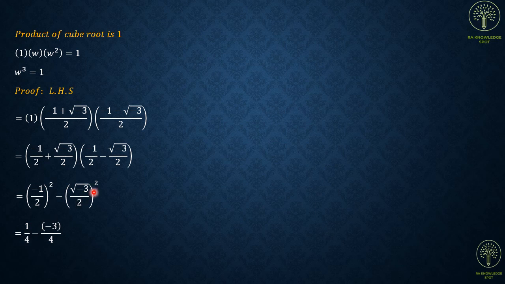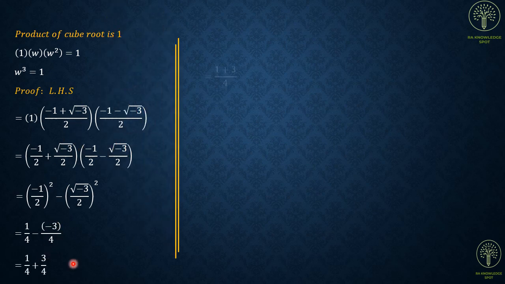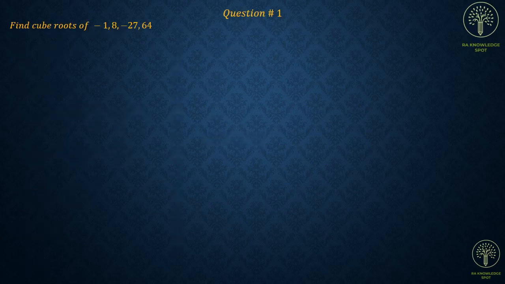The minus stays, and the square is cancelled with the square root, so it is minus 3 divided by 4. Now minus minus becomes plus, and the denominators are the same, 4. 1 plus 3, that is 4 by 4, will give you 1. 4 is cancelled with 4 and you will get 1. Now this is the proof of this property. Always remember omega cube is equal to 1. Now left hand side is equal to right hand side.